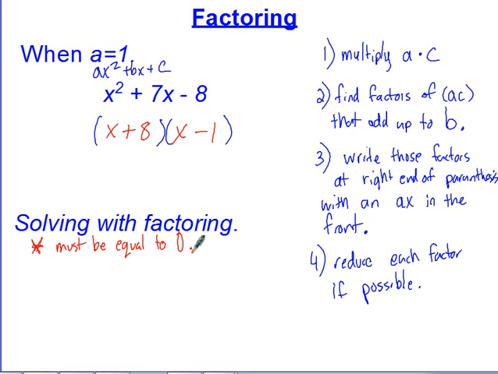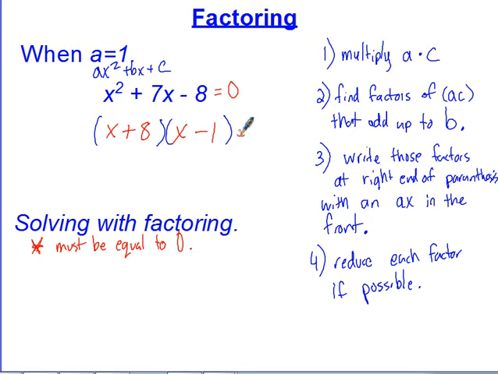So the way it is written, can I solve this? No. Now can I solve it? Yeah. You see the difference? If it's not equal to 0, don't start randomly solving, because there's nothing to be equal to.